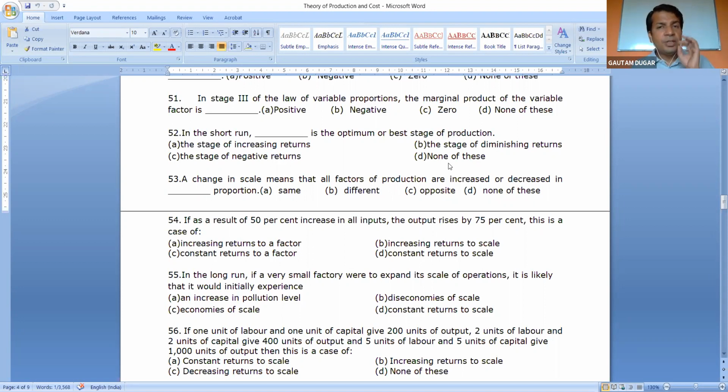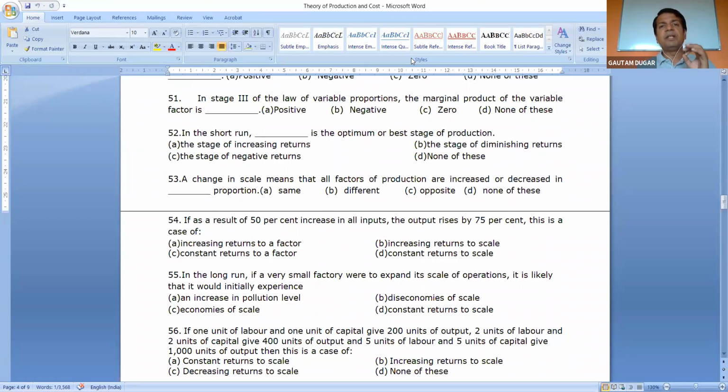When will we call it constant returns? If inputs have increased by 20% and output has also increased by 20%, then we call it constant returns. And when will we call it diminishing returns?